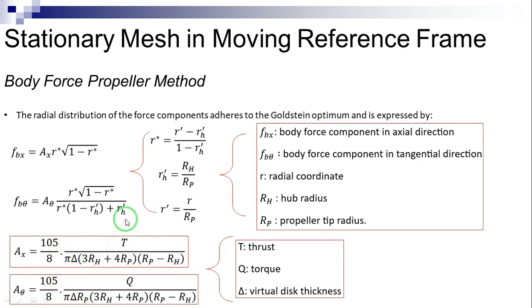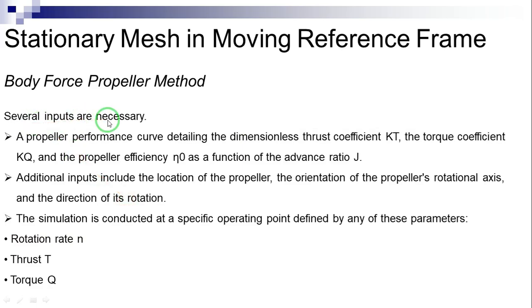To calculate the components of the body force, several inputs from the user are necessary. A propeller performance curve must be provided detailing the dimensionless thrust coefficient KT, the torque coefficient KQ, and the propeller efficiency eta 0 as a function of the advance ratio J. Additional inputs required include the location of the propeller within the computational domain, the orientation of the propeller's rotational axis, and the direction of its rotation.